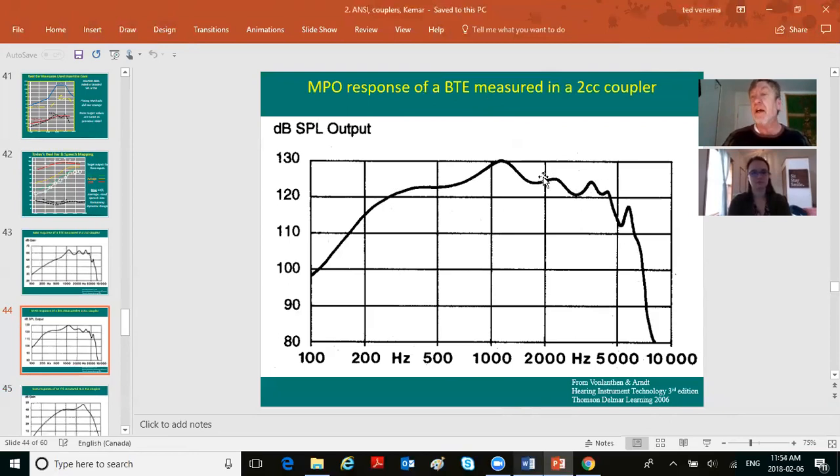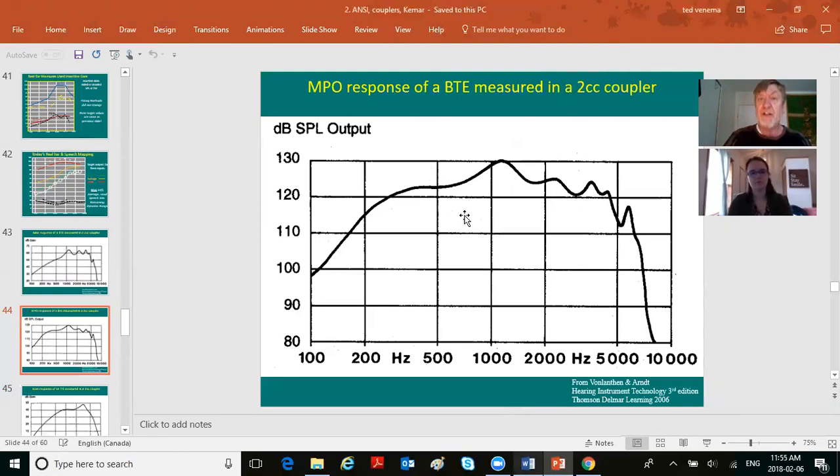So what's my peak output here? 130. And BTEs, the number 13 tubing BTEs, often still do have a main peak at 1,000. That's how you can tell it was a BTE, just by looking at it. Now, I don't mean RICs, and I don't mean thin tubes, but number 13 high power BTE hearing aids.